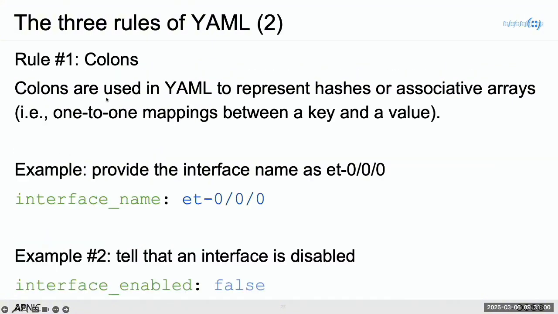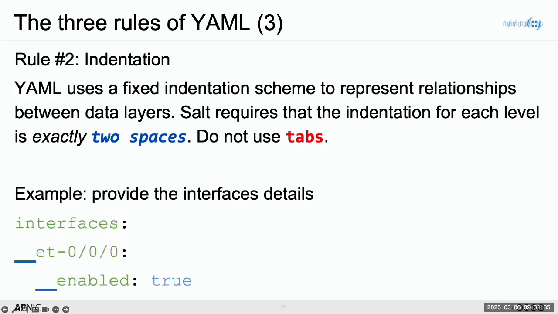Colons are used in YAML to represent hashes and associative arrays, like a one-to-one mapping between a key and its value. In this case, we have the interface, and the value against it is et-0/0/0. This is the interface we have, or we can say whether we need to enable or disable the interface, so interface is equal to enabled. We use a colon, and after that we provide the value.